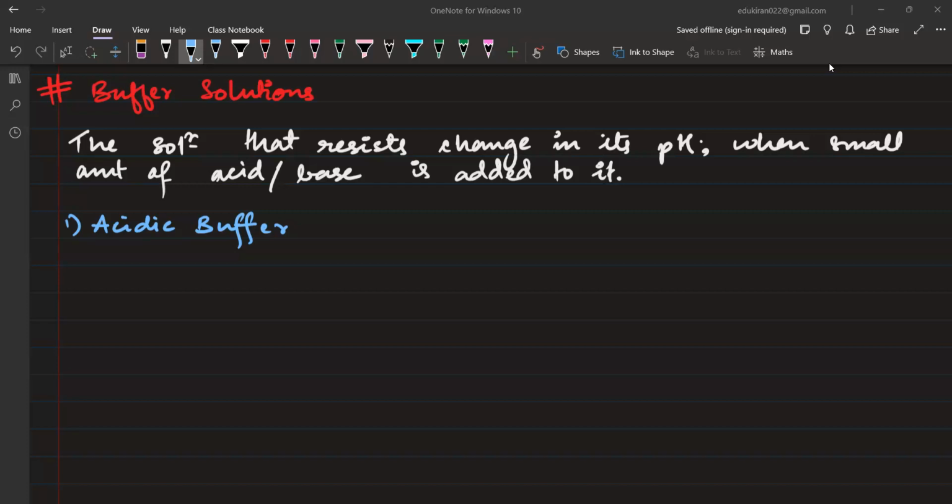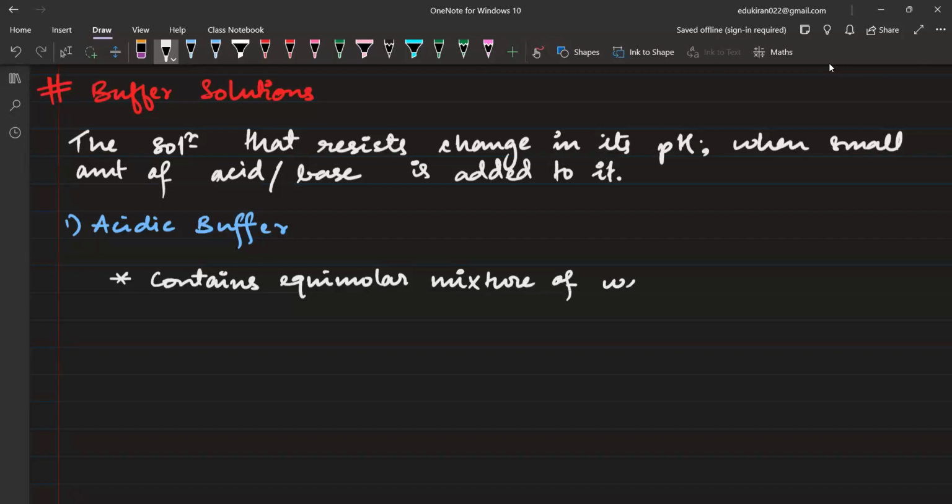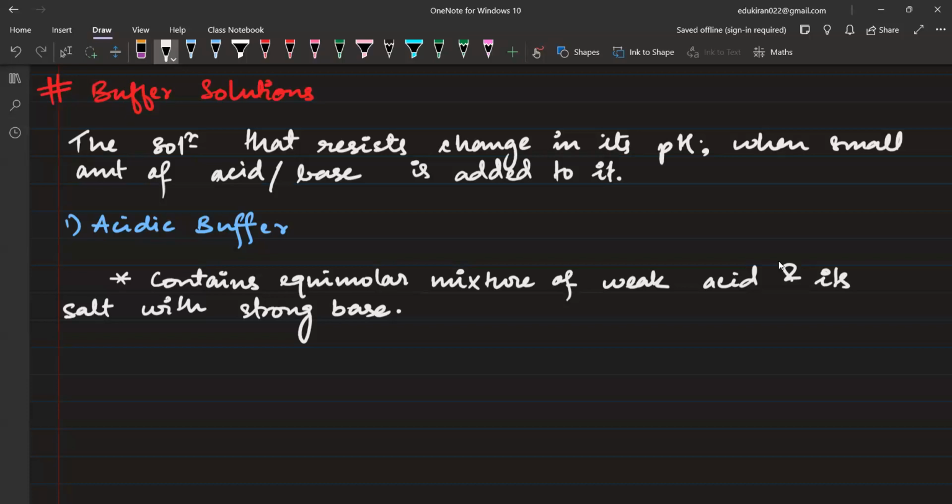Okay, now what is an acidic buffer? An acidic buffer contains, please write with me, an equimolar mixture of a weak acid and its salt with a strong base. So we are having a weak acid and its salt with a strong base.